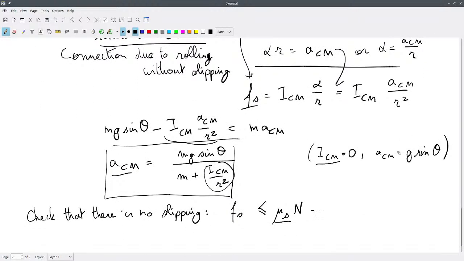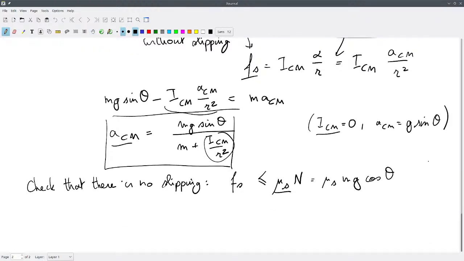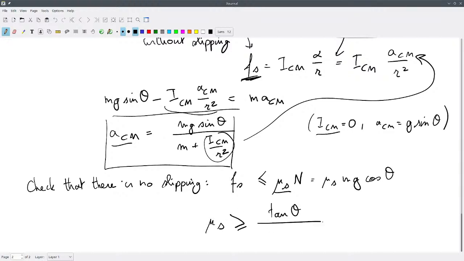So this will have to be equal to mu s times mg cosine theta. So we can turn this around using our expression for the static force of friction. We can plug in the acceleration here, and we can find an expression that mu s will have to be greater than the tangent of theta over mr squared over I cm plus 1.